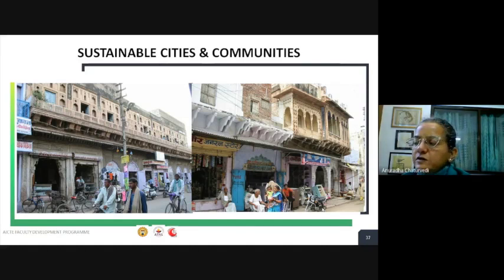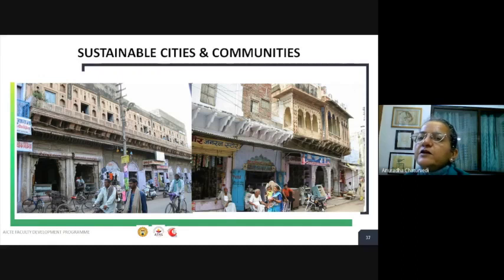So, Sustainable Development Goal 11.4 has very important targets which will need to be adhered to. So by 2030, the first target is to ensure access to all for adequate, safe, and affordable housing and basic services and upgradation of slums.